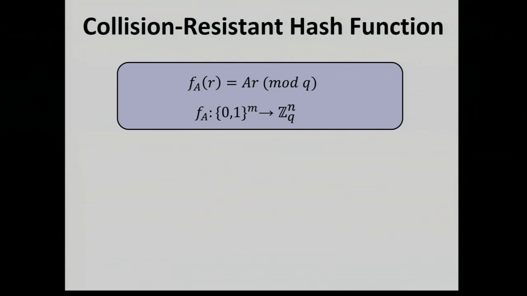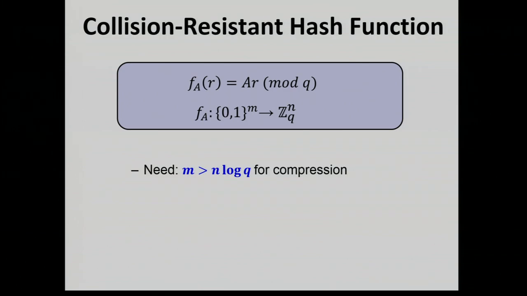That's what SIS is, really, if you think about it. So this is a family of functions, and I claim it's a collision-resistant family of hash functions. In other words, if you find a collision, I'll show you a way to break SIS. Okay, that's the point.